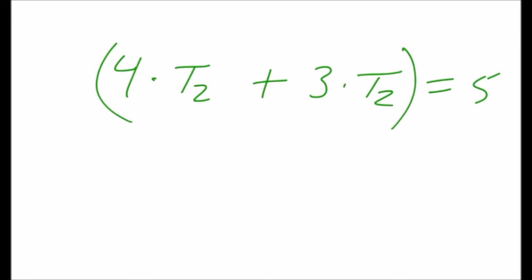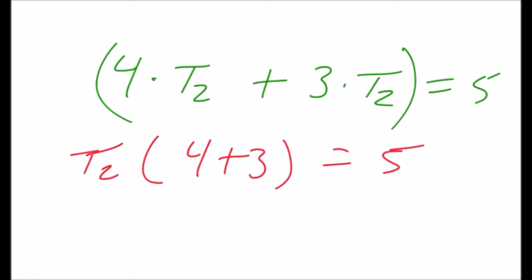And that would be t2 times 4 plus 3 equals 5, right? And so that would be t2 times 7 equals 5. Does this make sense to you? Okay, that's all that we did, except instead of 4 and 3, we just had weirder numbers. Okay, all right, Mark.